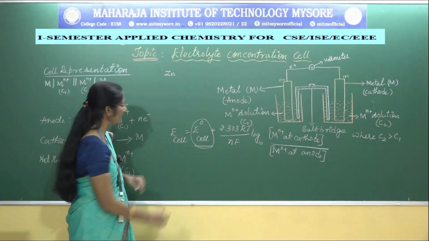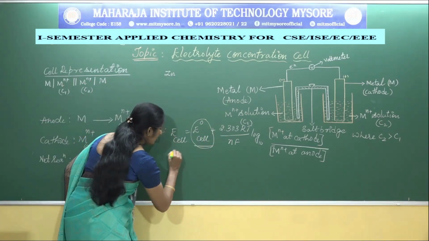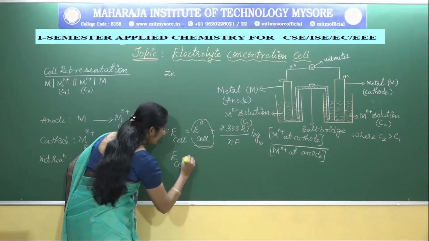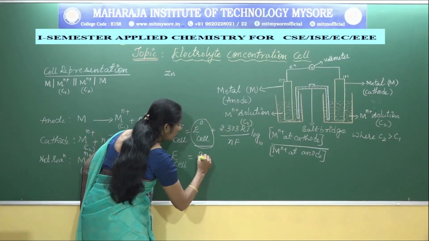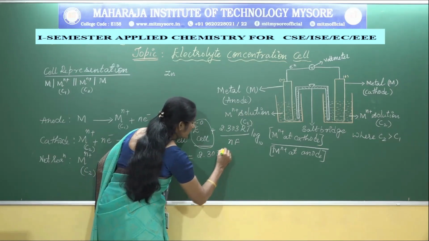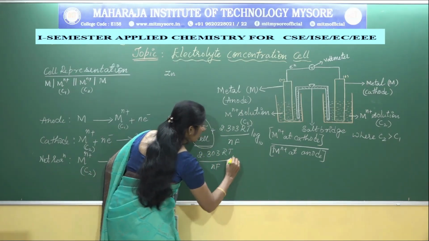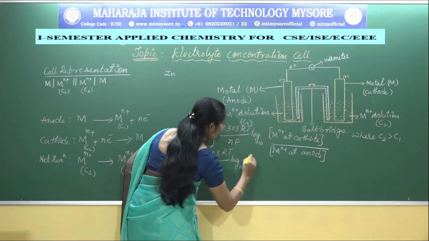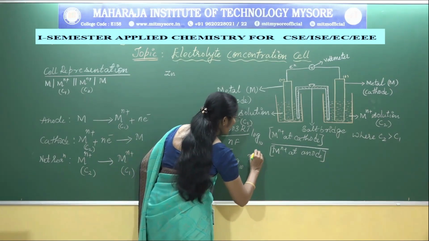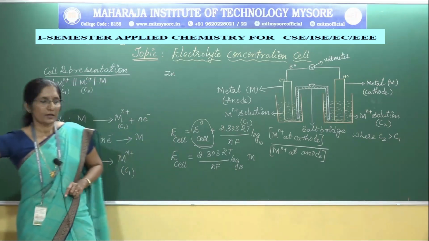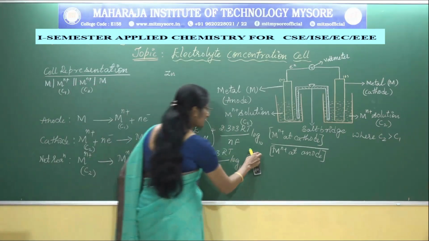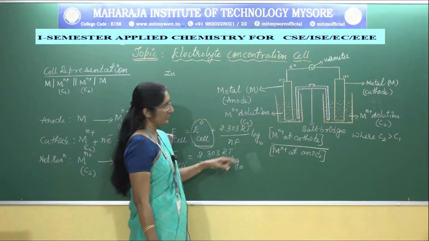So, what is the EMF of a concentration cell? It is E cell is equal to 2.303 RT divided by nF log base 10 of the concentration of metal ion at the cathode by the concentration of metal ion at the anode.